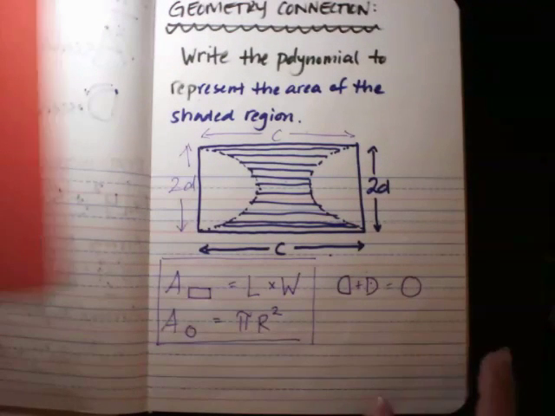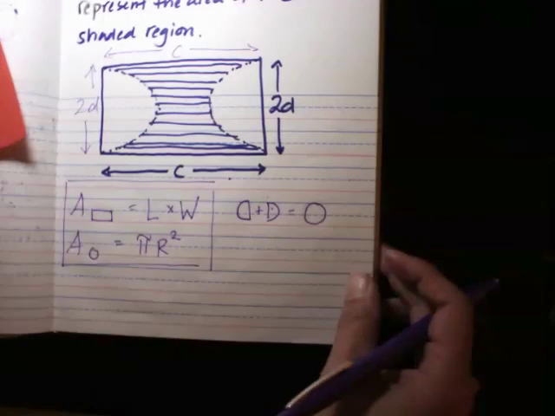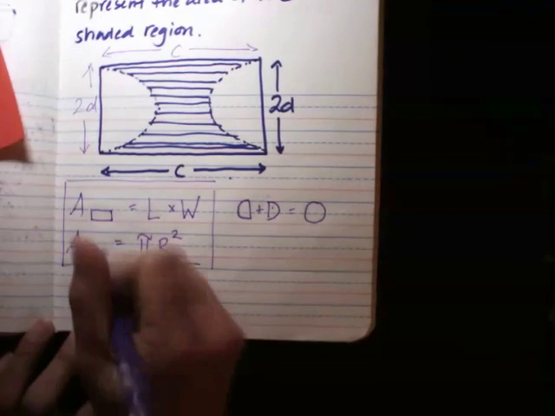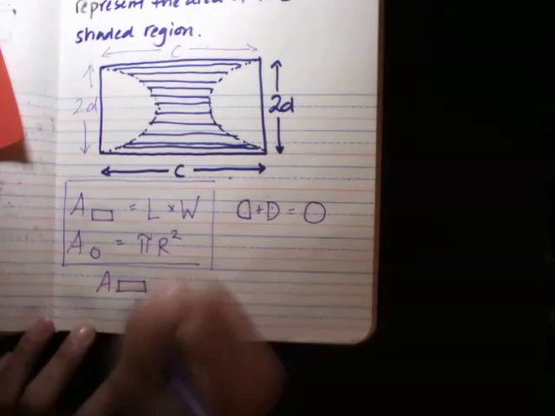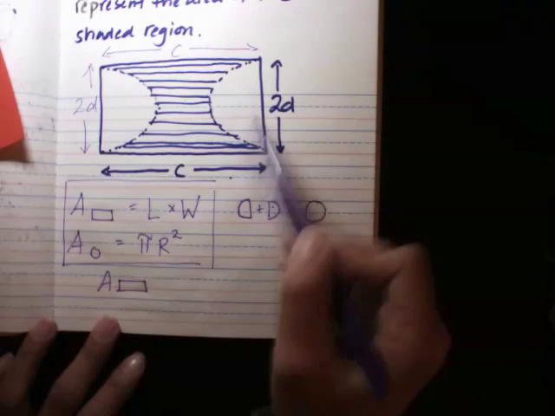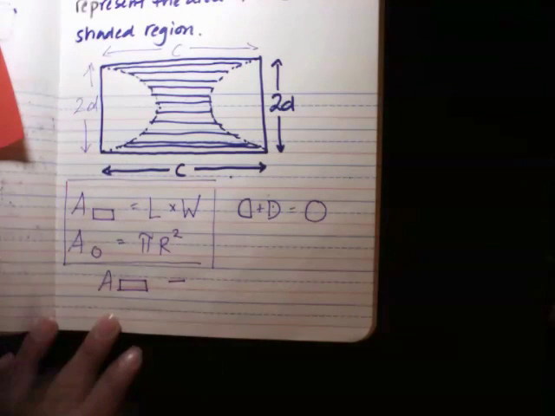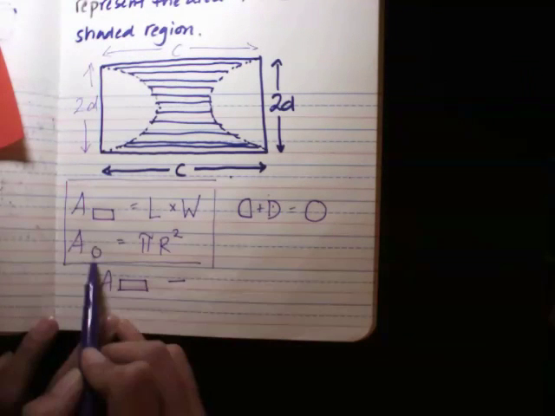Okay, so here's what we have so far. I'm going to start off with the area of my rectangle. That's the entire shape. And what I'm going to do is subtract the area of the two semicircles. Well, the two semicircles make up a full circle.